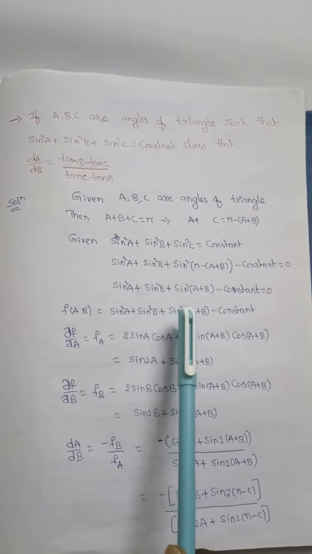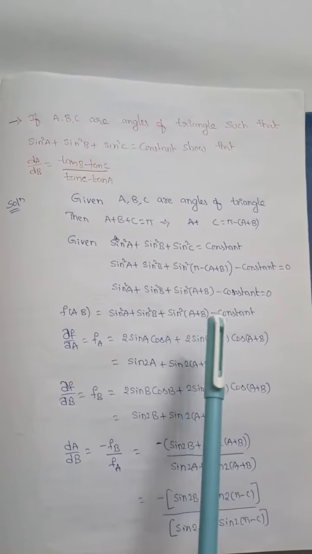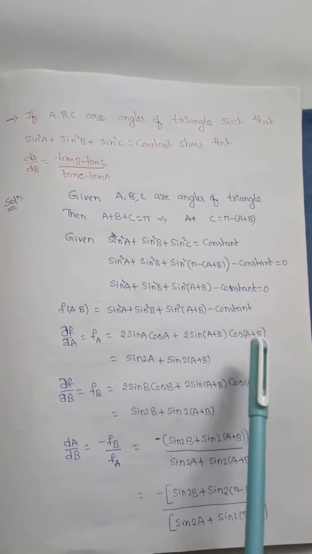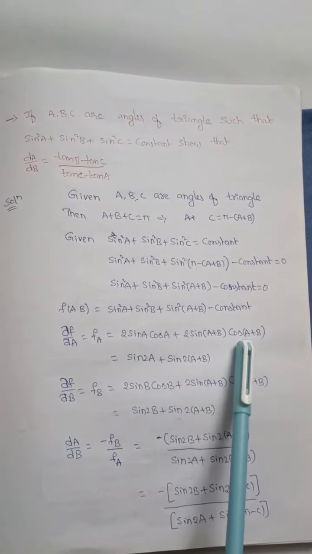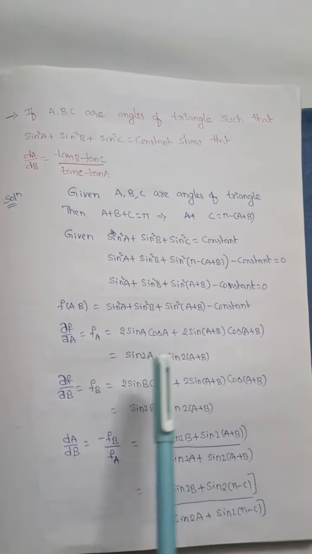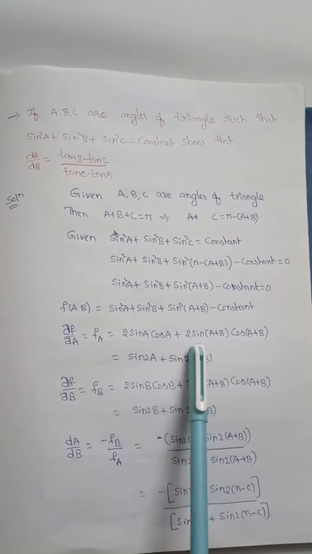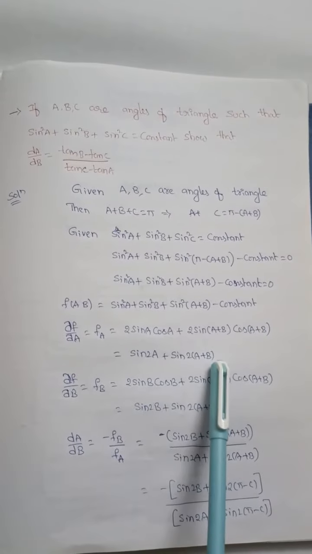So fA equals 2 sin A cos A, that is sin 2A, plus 2 sin(A + B) cos(A + B), that is sin 2(A + B).